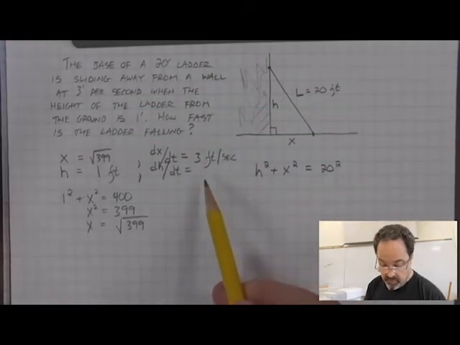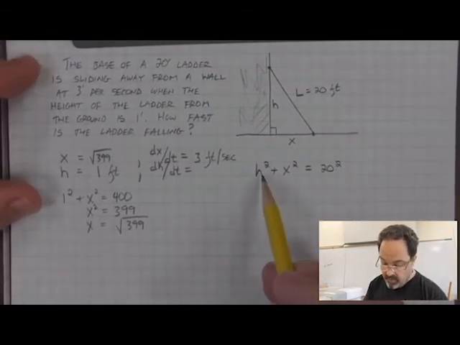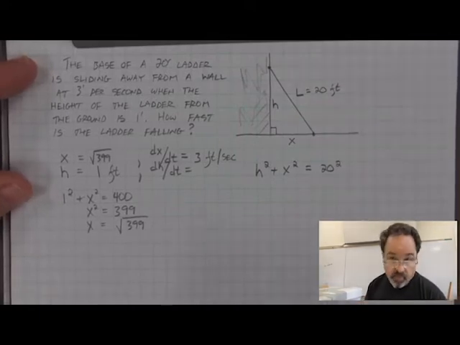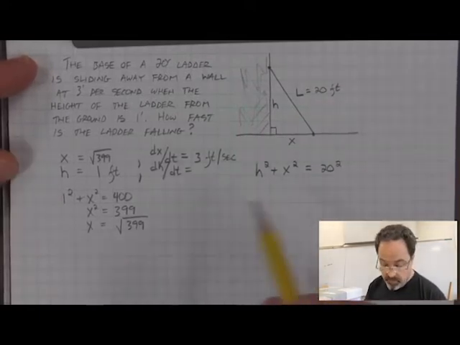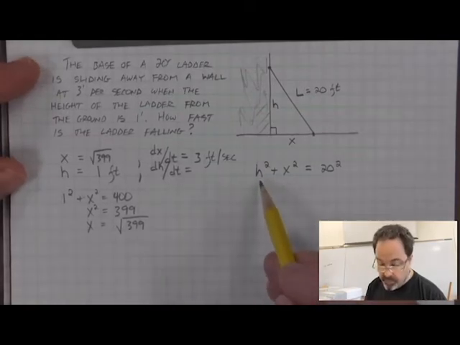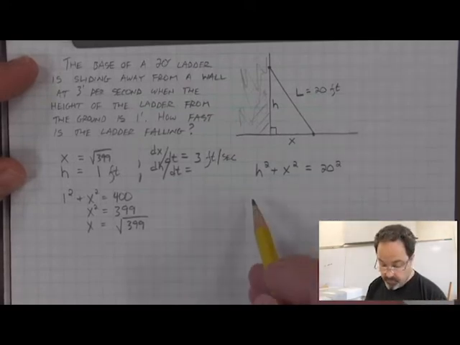Now I'm trying to find how fast h is changing. I have an equation that relates those two variables. I'm going to take the derivative of it implicitly with respects to time. When I do, I got to treat both h and x as functions of time and apply the chain rule.